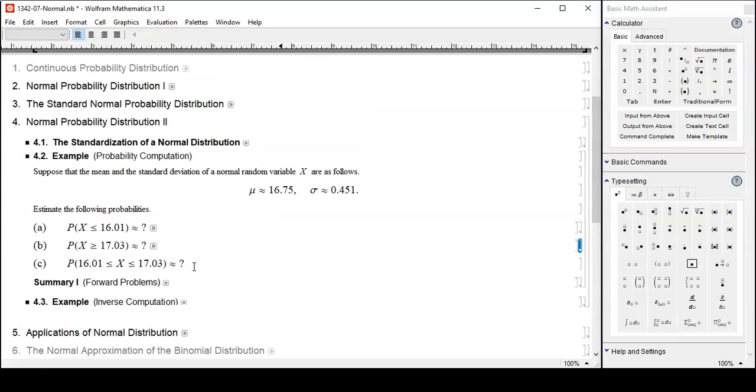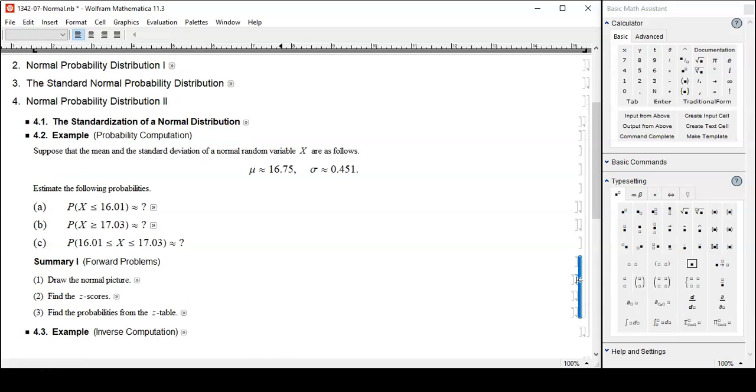Now, what if you want shading in between? You're going to find out both and then subtract one from the other. Remember, in part A, we did the z-score for 16.01, and part B, we did it for 17.03. Set up and subtract. I'm going to leave the details to students.